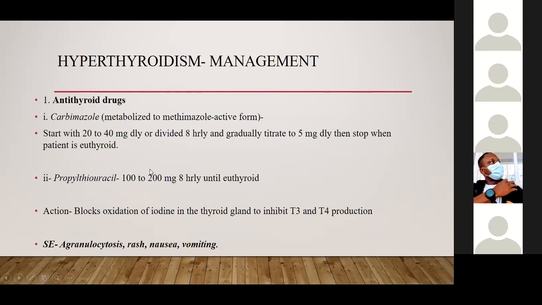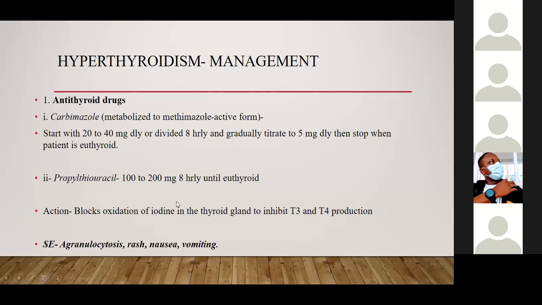Okay, so the dosing is there. You give and you always titrate until you get the actual dose that the patient needs, and that will bring the level of the hormones down nicely. So as you give, you keep doing a thyroid function test to ensure that the hormone levels are reduced.